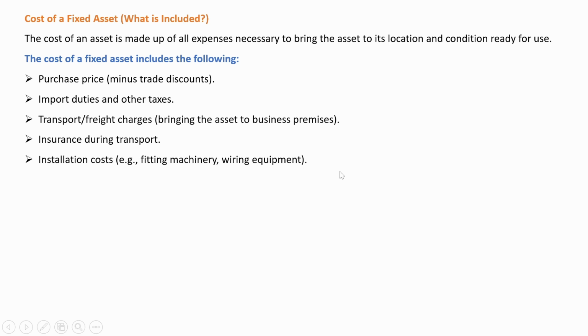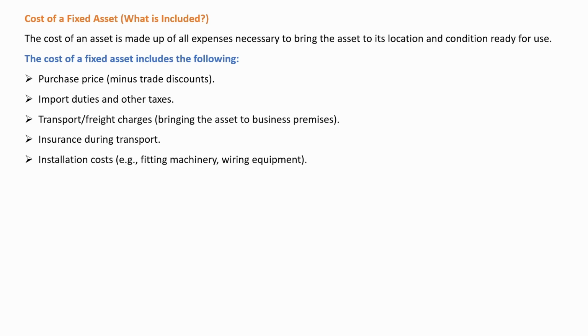So next, let us see what makes the cost of an asset, in this case a fixed asset. What makes up the cost of an asset? What do we include in the cost of an asset? So the cost of an asset is made up of all expenses necessary to bring the asset to its location and condition ready for use. So if you buy an asset, for example, you live in Nakuru, you buy an asset in Nairobi, the asset is costing 50,000.